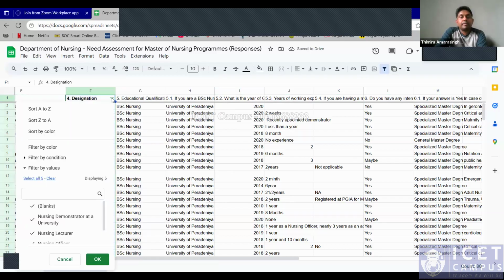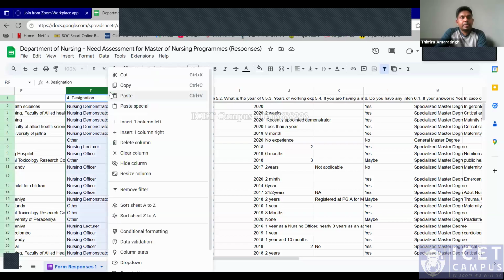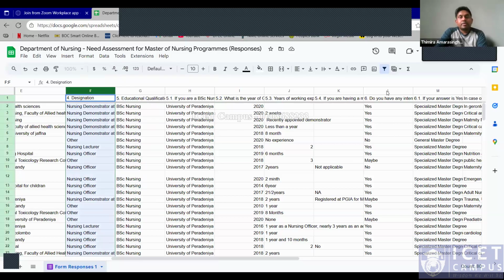So if you are familiar with Microsoft Excel, you know we can use data filtering, and we can use the find and replace option to replace all the text with necessary codes. Okay. So in this way, we can finally create a good data sheet which is ready for data analysis.